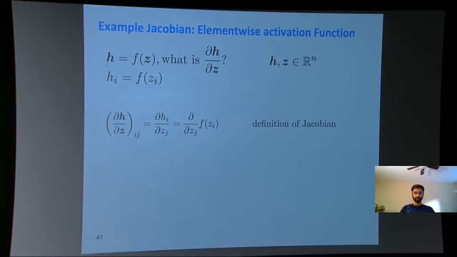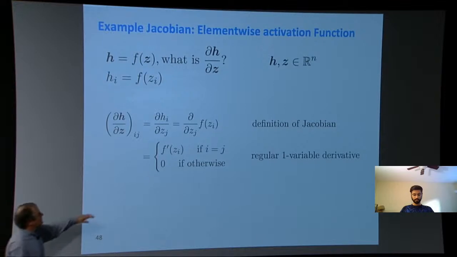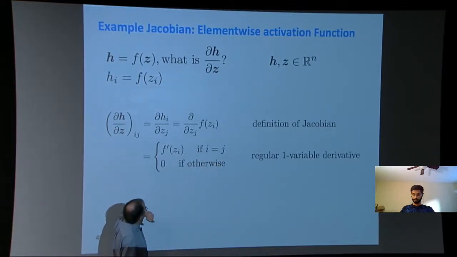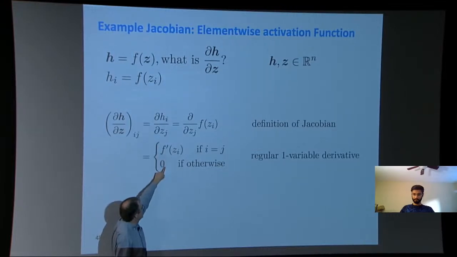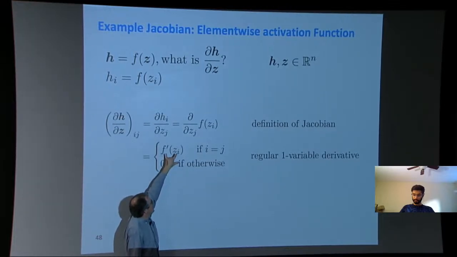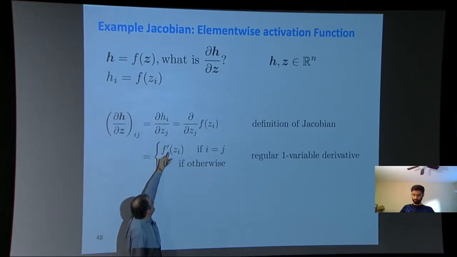Therefore, the only terms that are non-zero are the terms where i equals j. If i does not equal j, the partial derivative is 0. If i does equal j, then we have to work out, as single variable calculus, the derivative of the activation function.